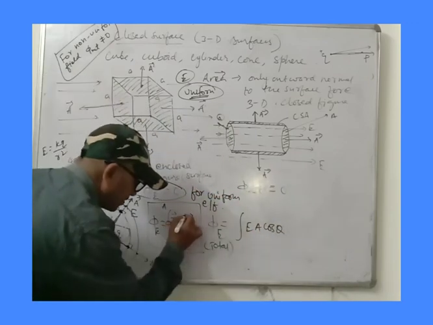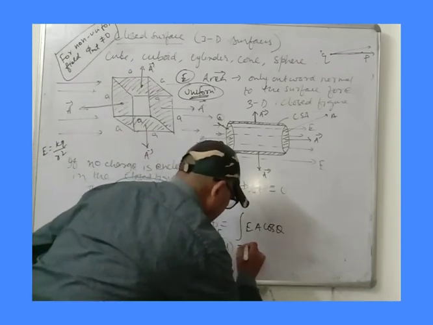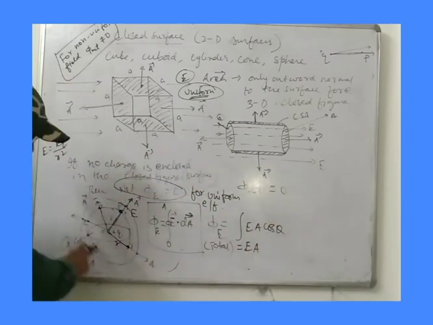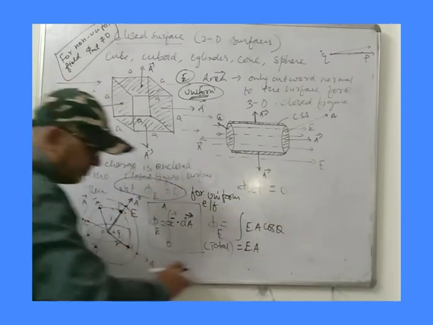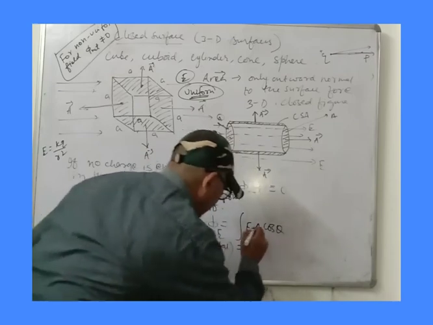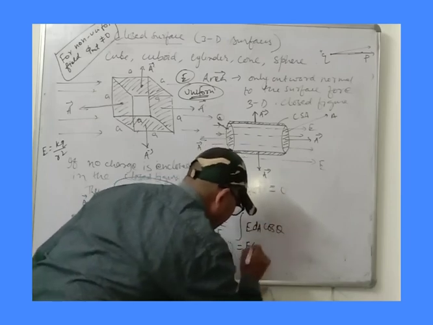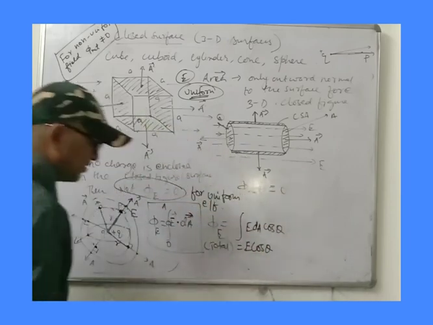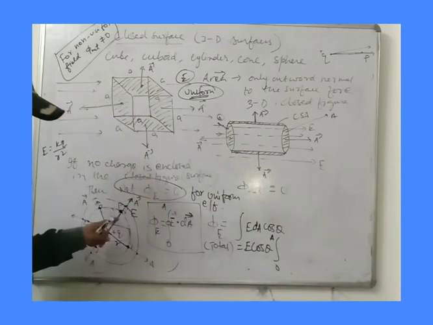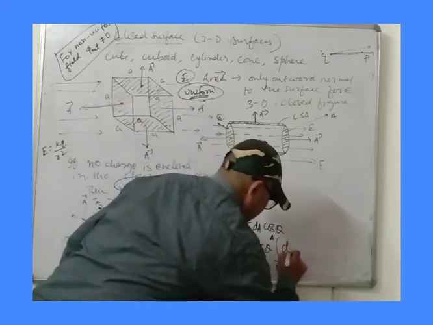Remember, this is dot product of two vectors. E cos theta is constant. Area is fixed for a particular sphere. Integration 0 to A, integration of all dAs.